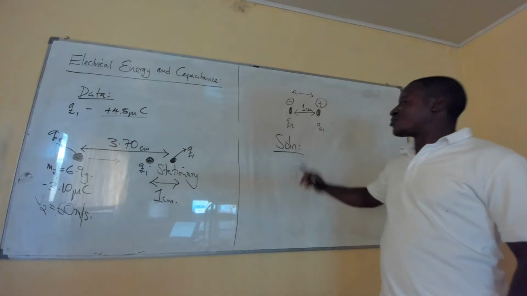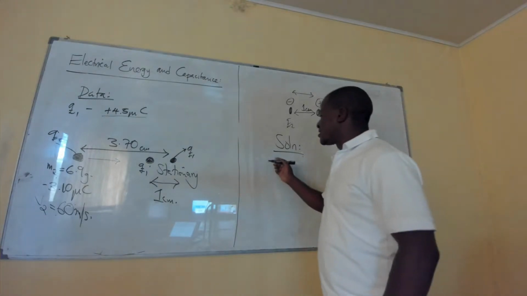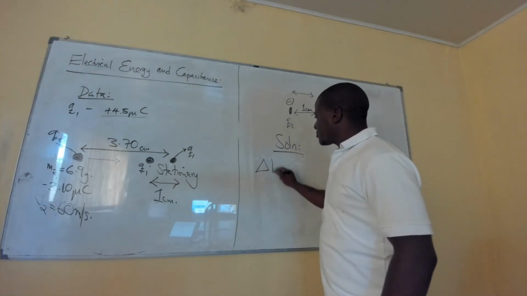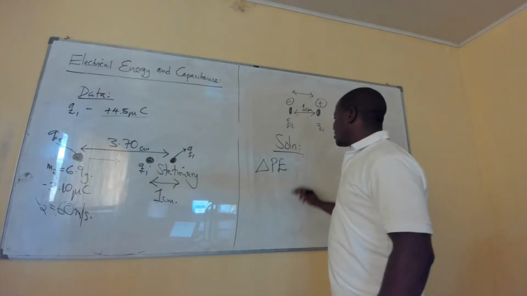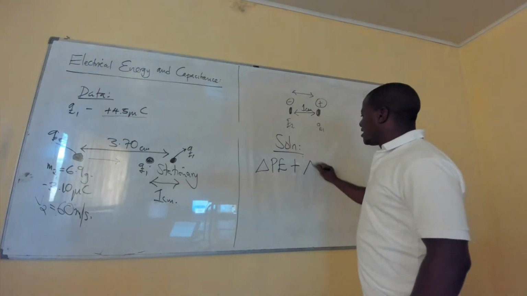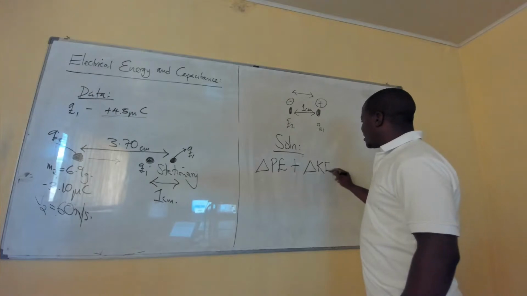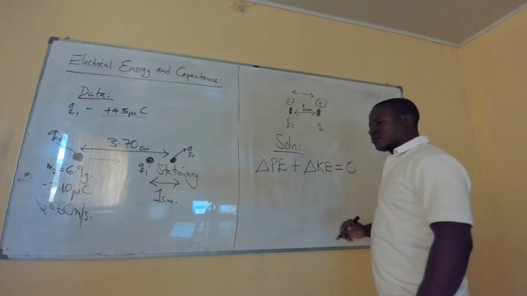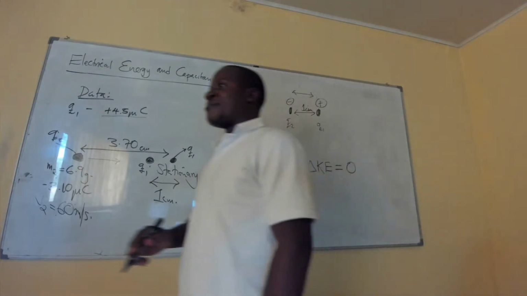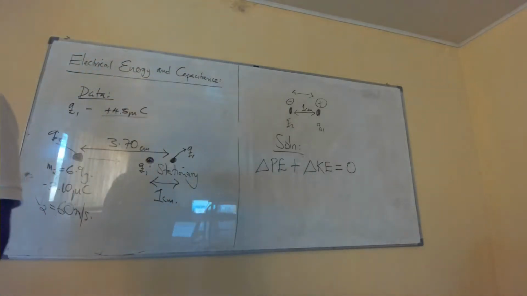So when energy is conserved, what it means is that the change in the potential energy plus the change in the kinetic energy must be equal to 0. That is a must. It must be equal to 0. So what is the change in the potential energy?